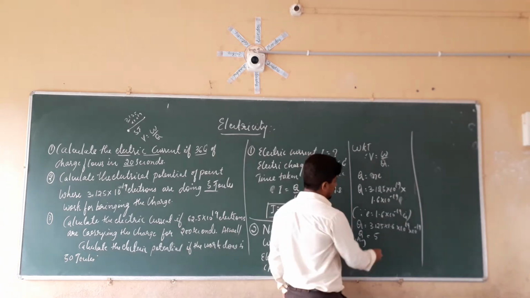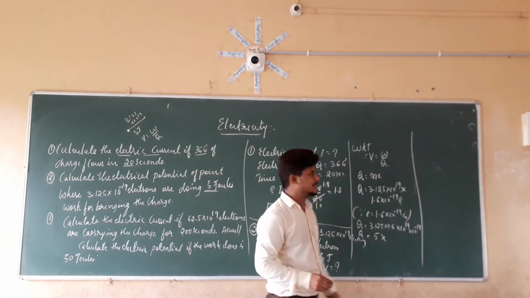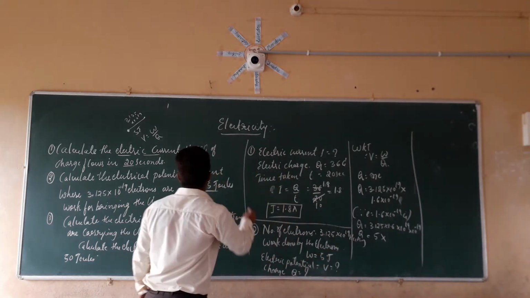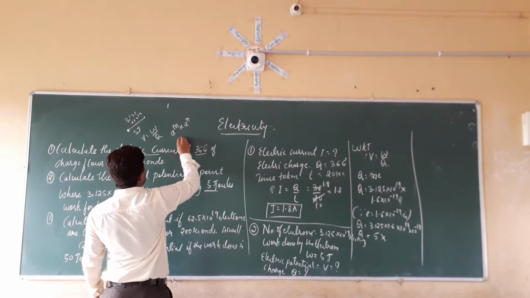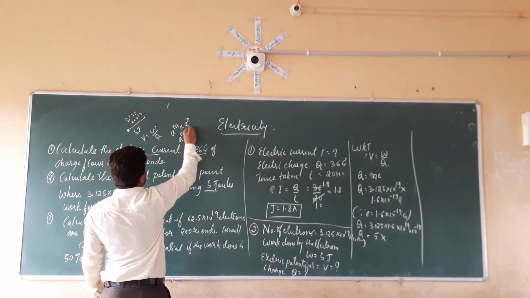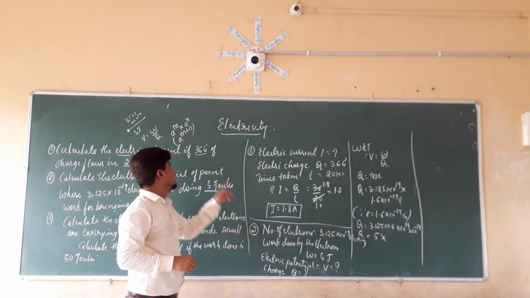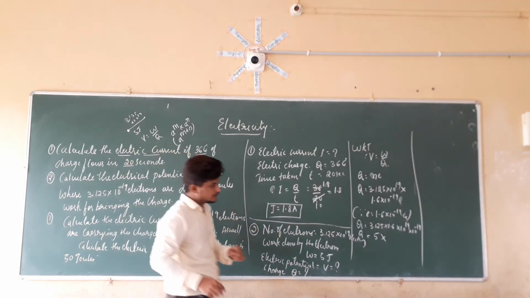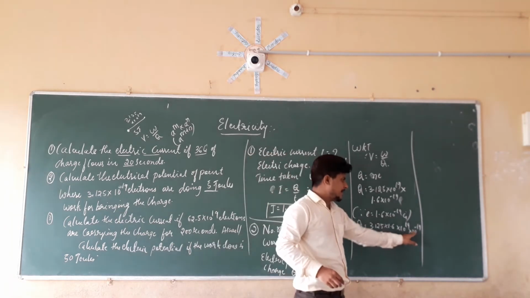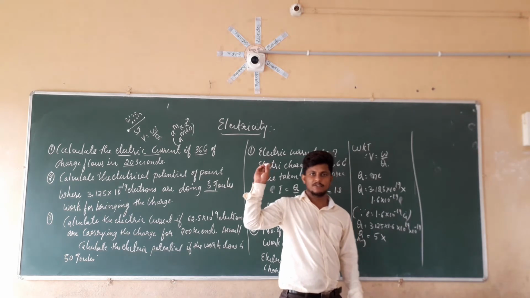So 5 into 10 raised to 19 into 10 raised to minus 19. If you remember the mathematical identity, A raised to M into A raised to N becomes A raised to M plus N. Here the 10s are common, so we can use that formula.